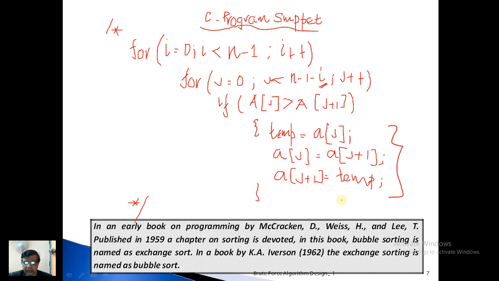It is worth mentioning the origin of the bubble sort algorithm. In an early book on programming by McCracken, Wiz H, and Lee T, published in 1959, a chapter on sorting is devoted. In this book, bubble sorting is named as exchange sort. In a book by K.A. Iverson in 1962, the exchange sorting is named as bubble sort.